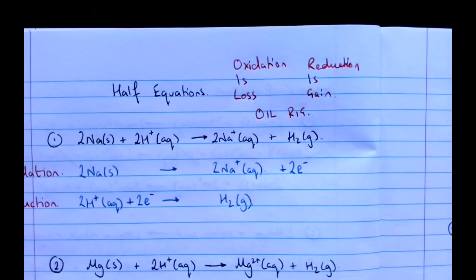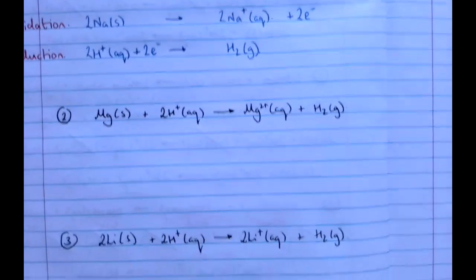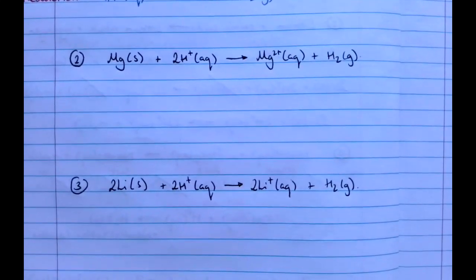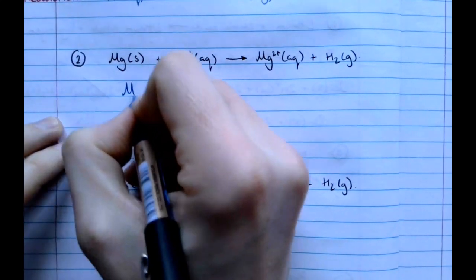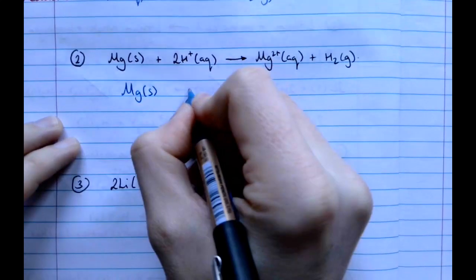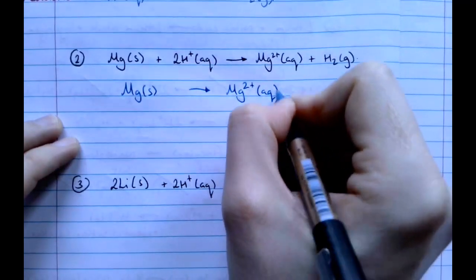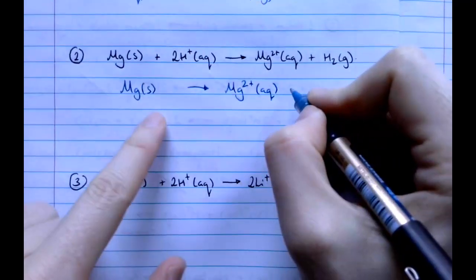So what I'd like you to do now is pause the video and just do these two for me. Okay, so you should have had my magnesium becoming Mg2+, and in order to do that, it's gone from neutral to positive, so it's going to need to have lost 2 electrons.